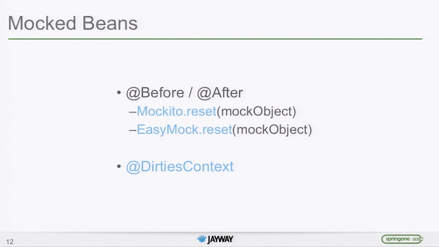That means that after this particular test has been executed, the cached application context will be marked as dirty, and if a subsequent test uses the same key, it will actually recreate the application context for you. And this annotation can be placed on both the class level as well as the method level.